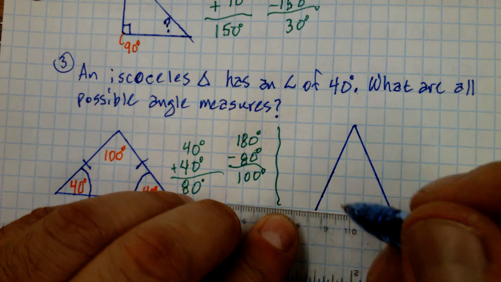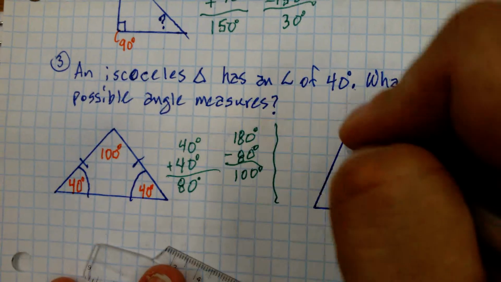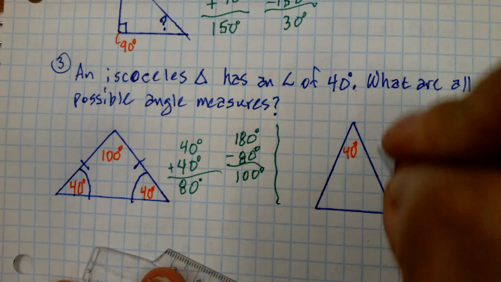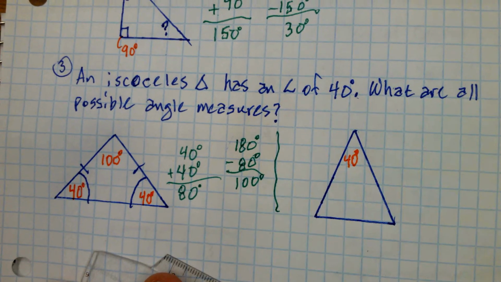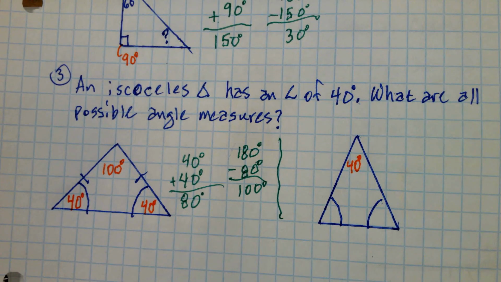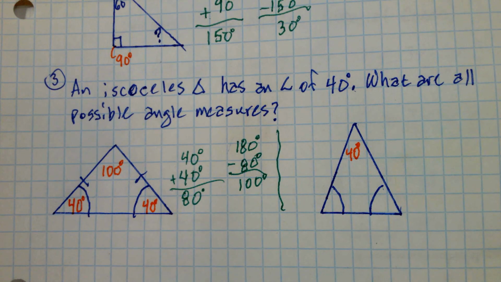So the other possibility is the 40 degree angle is this one, and these are still congruent. This is the other possibility. The 40 is this one, and these are the congruent angles. That's another one fitting our requirements.